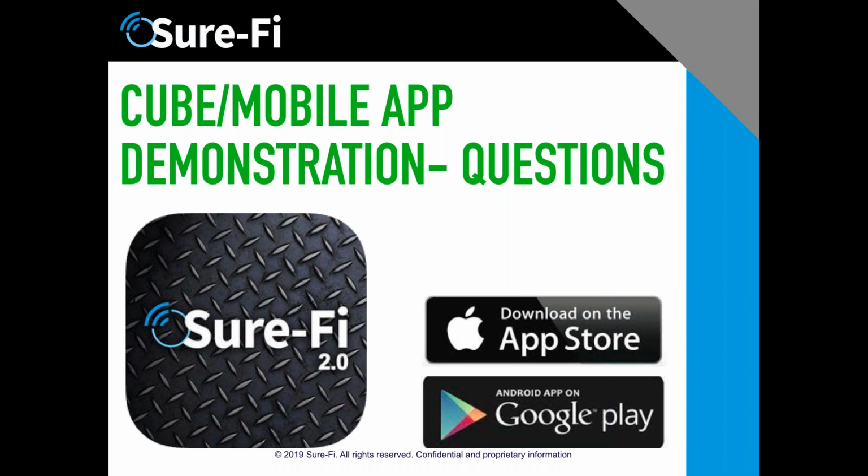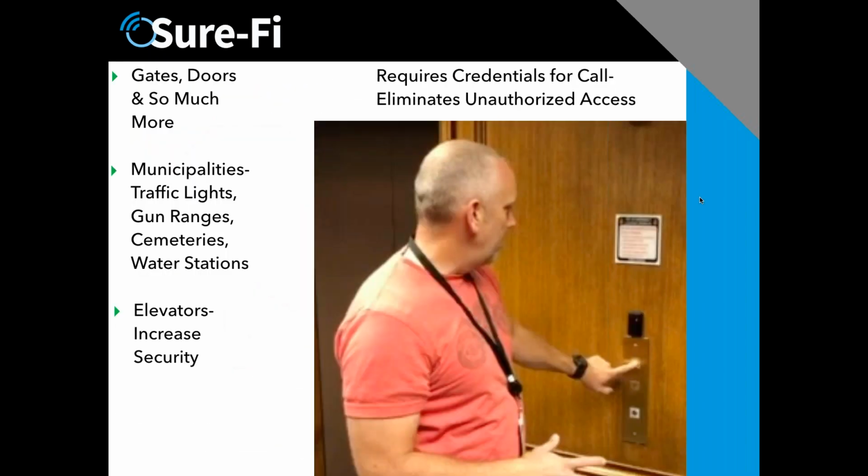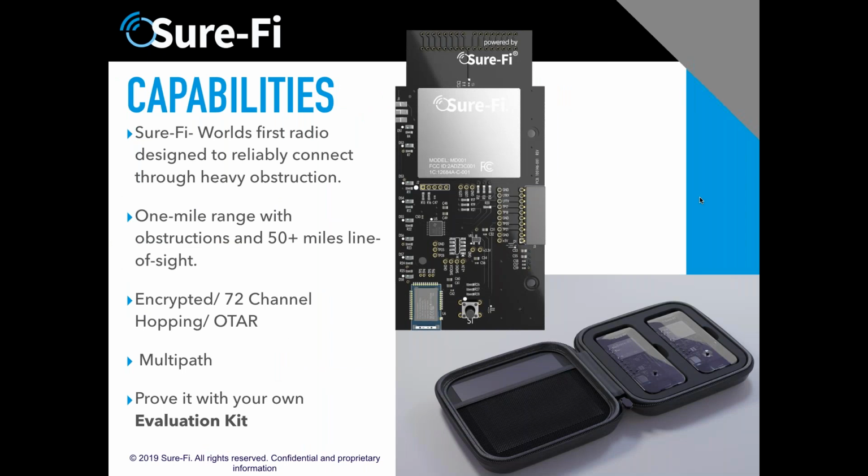All right, there was a question following up about interference on 900 megahertz. That's a great question. I went over this fairly quickly, but if we look back at our first slide in regards to the radio, right here on the third bullet point, you'll see 72 channel hopping and OTAR. OTAR stands for over the air rekeying. In case of any type of interference, it senses that interference and jumps to another channel. It also has rekeying every time that it sends a new signal.